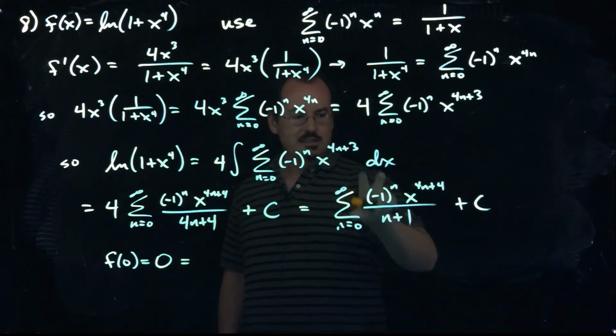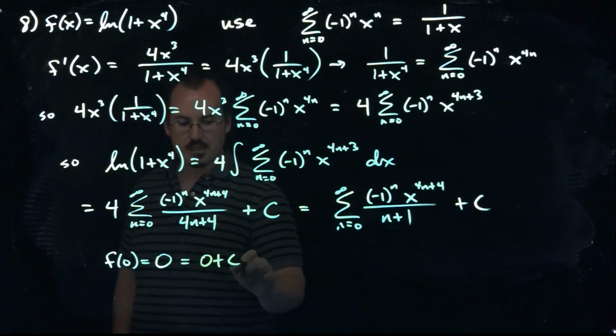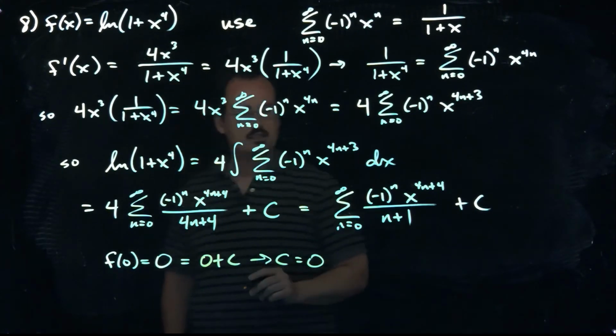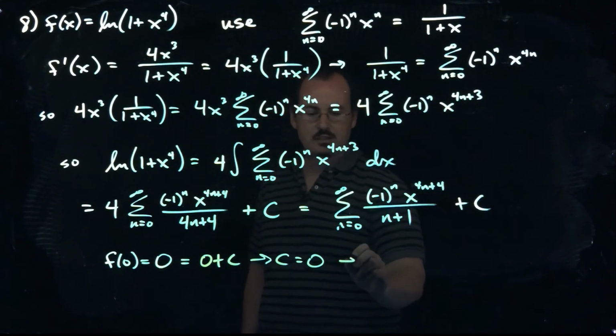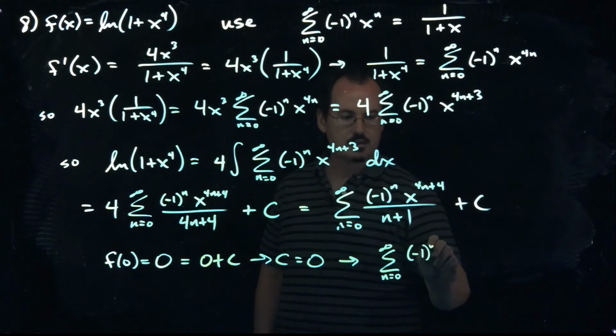So f of 0 here is 0 plus c. And so that tells me that c must be equal to 0. So my constant is 0 in this case, and my power series representation of the original function is this.